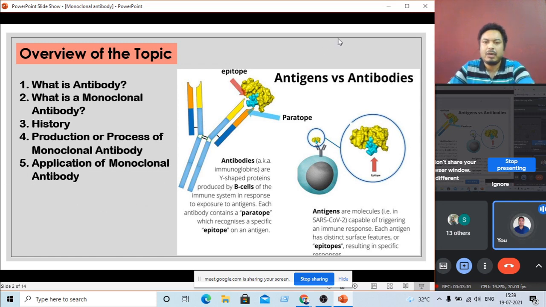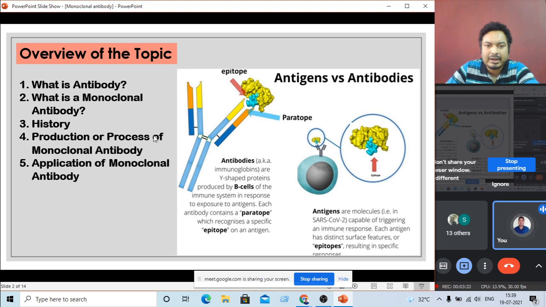Okay, so you all know the antibodies are derived from a particular cell, the white blood cell. The lymphocytes can produce the antibodies. In this diagram you can see one type of antibody.